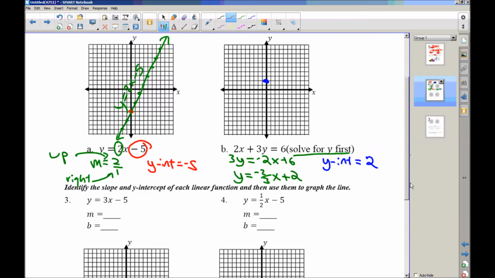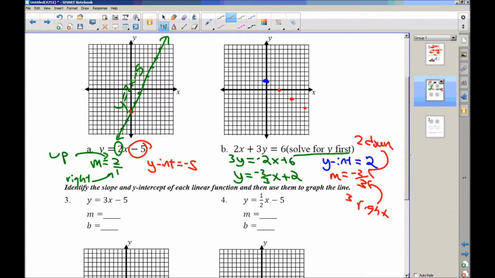Okay. It also means that our slope, remember m stands for slope, is -2/3. So that's 2 down and 3 right. So from this blue point that I've already done, I count downwards 2 and right 3. And then from that red point, I could do the same thing. Down 2, right 3.